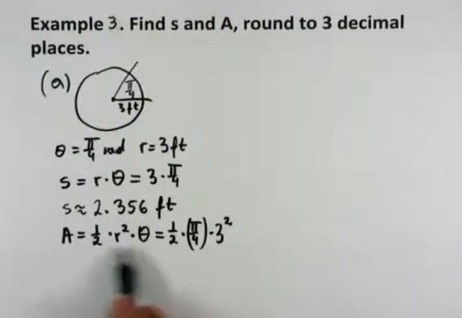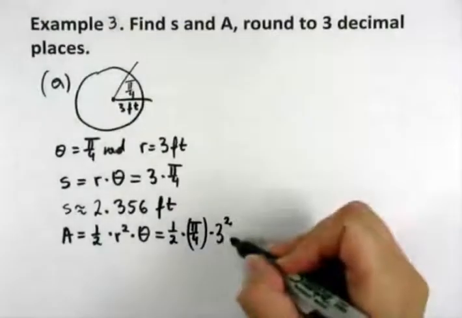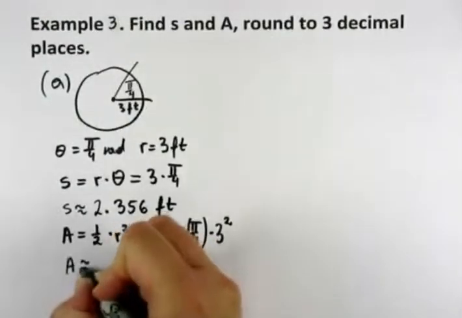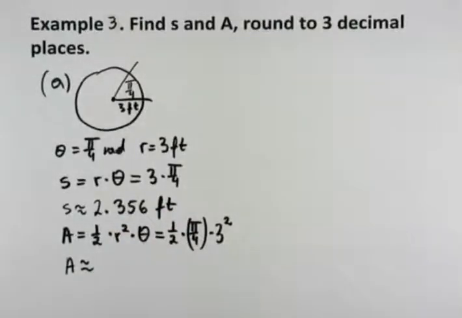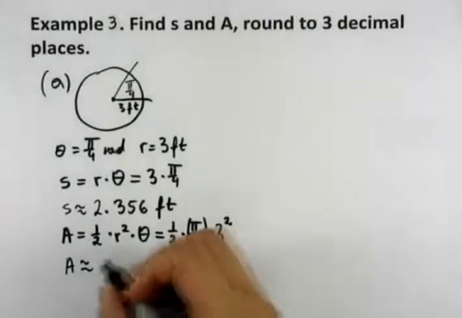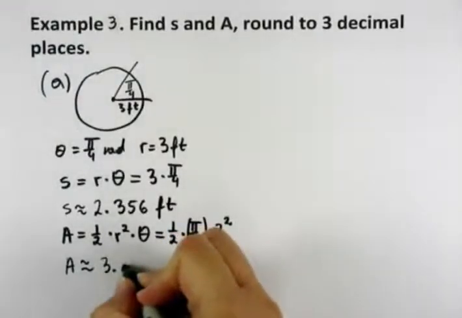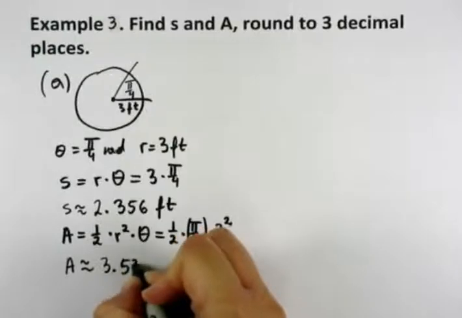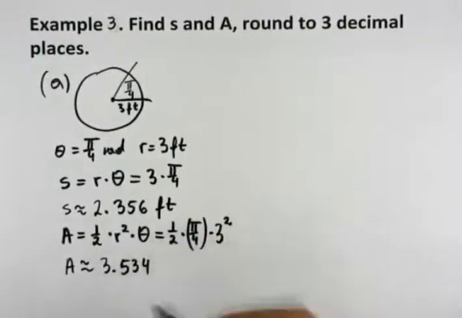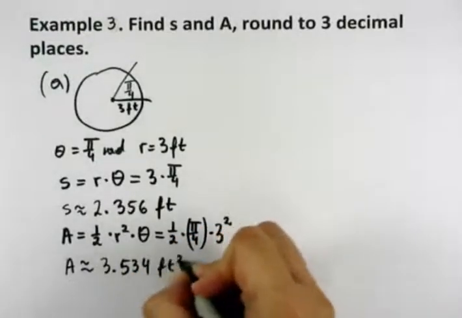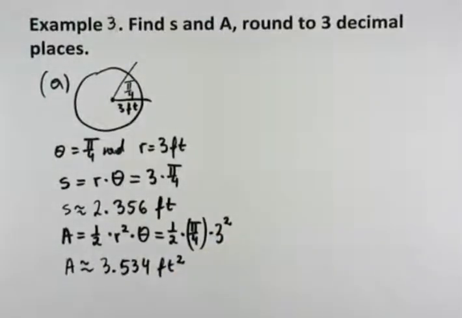So the area approximately is 3.534, and area is in feet squared, rounded to 3 decimal places.